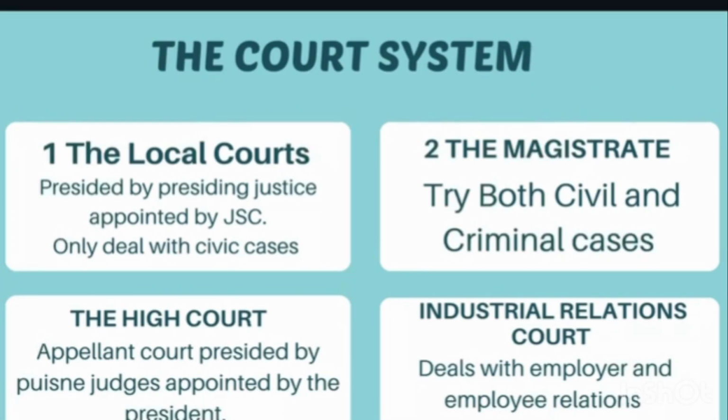Both courts are on level 3, but the only difference is the type of cases that they handle. So the high court is called an appellant court. Actually, all these superior courts are known as appellant courts. They only try cases that are from the magistrate, the subordinate courts.